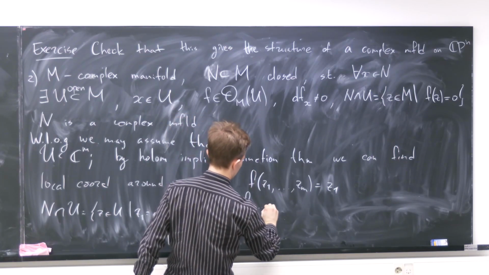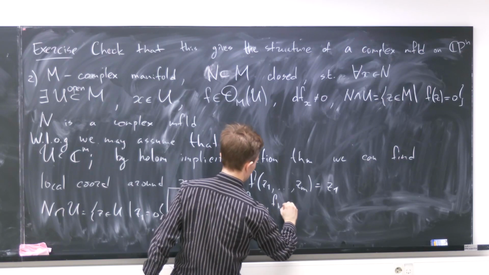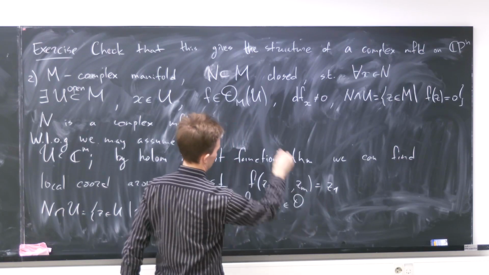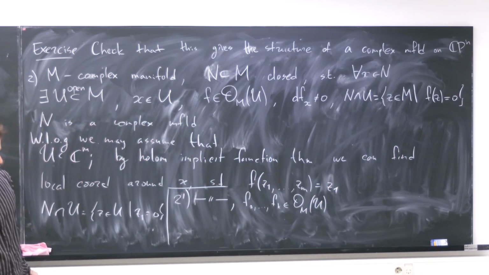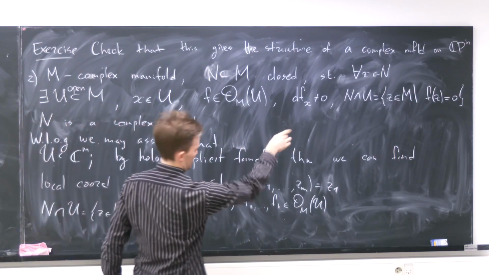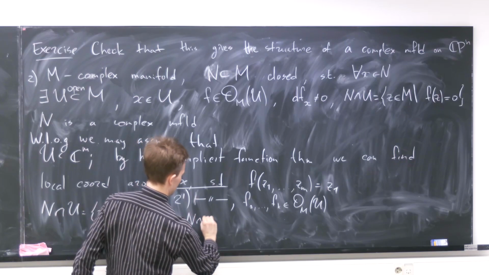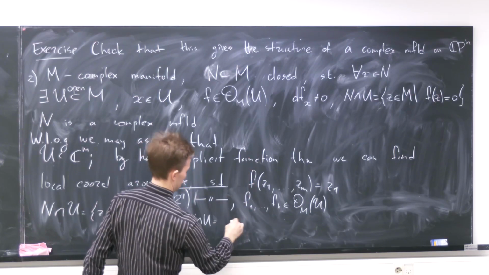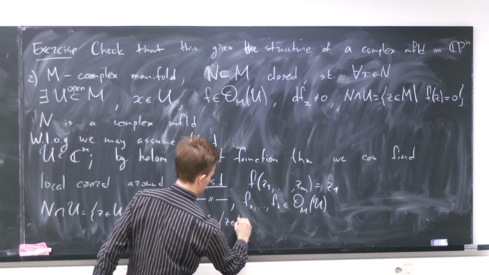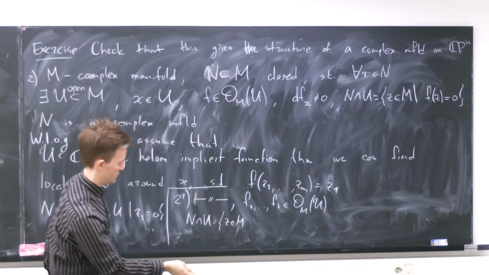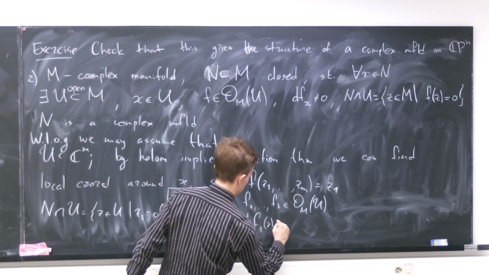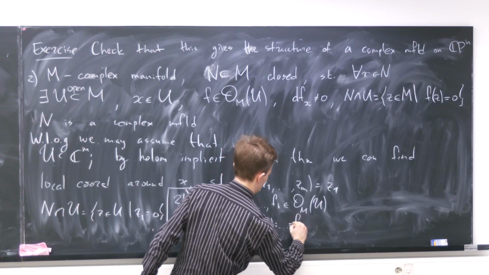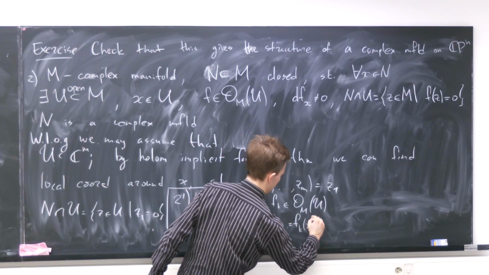So the collection f1, ..., fk, a collection of functions on U such that N intersected with U is just the set of common zeros of all these functions, f1(z) and so on, fk(z).